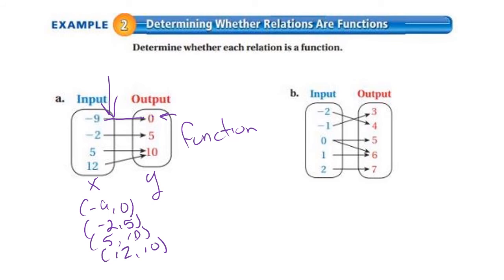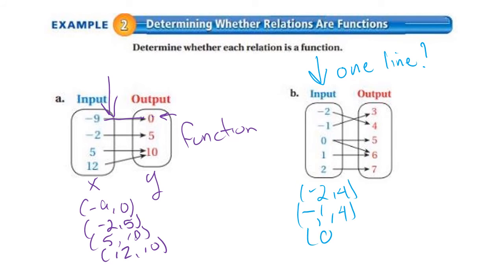Let's look at the next one. Again, we're looking to make sure that we only have one line. So I'm going to write one line with a question mark, and let's take a look. We have negative 2, 4. We have negative 1, 4.